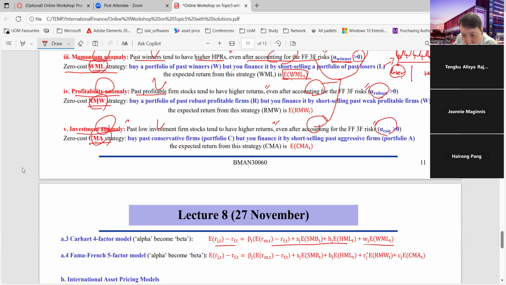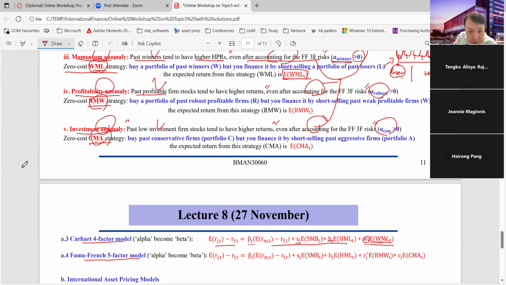We just add winner minus loser, the excess return, as a new factor. So W is the sensitivity to winner minus loser, just like H, S, and beta. And the intercept is the average return from implementing the winner minus loser strategy. That's the Carhart 4-factor model.